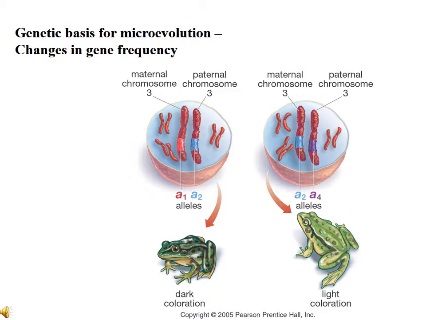As we can see, dark coloration was due to gene A and A2, and light coloration was due to gene A2 and gene A4. So in the evolution of two species, we see how the alleles or genes essentially migrated, and whichever combination of genes allowed that organism to better meet environmental challenges, that population survived and did well.